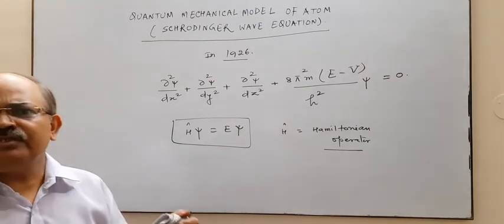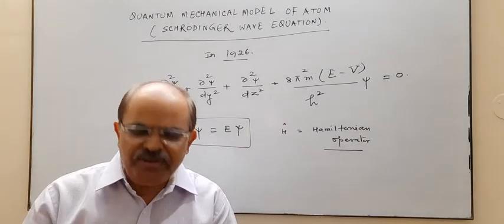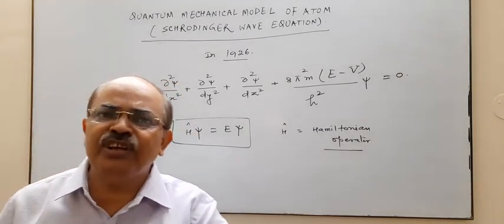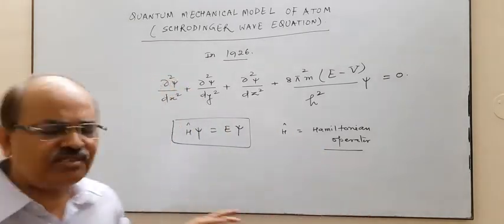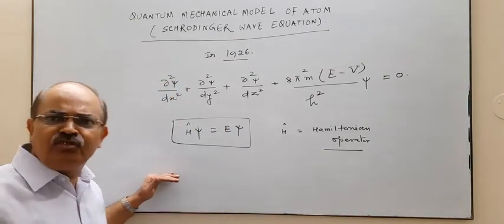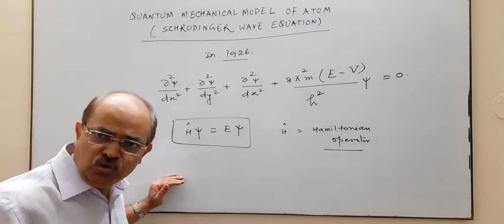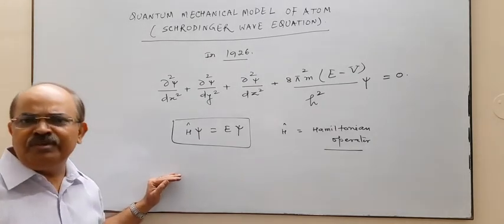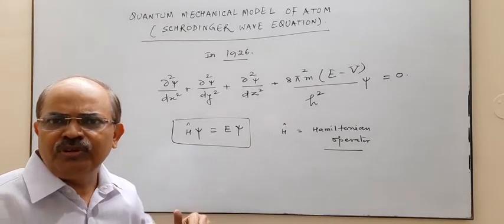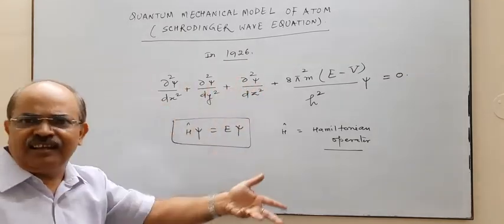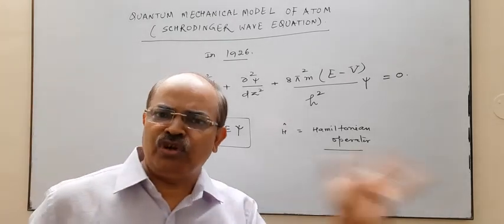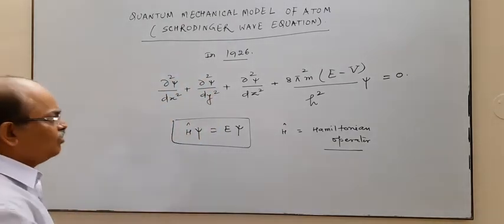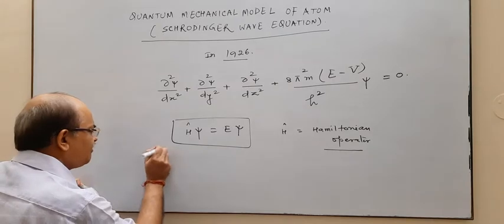If somebody asks you how we can solve the Schrodinger equation, the answer is that the solution of the Schrodinger equation is very difficult and it is beyond your scope. You will study in higher classes what the solution of the Schrodinger equation is.